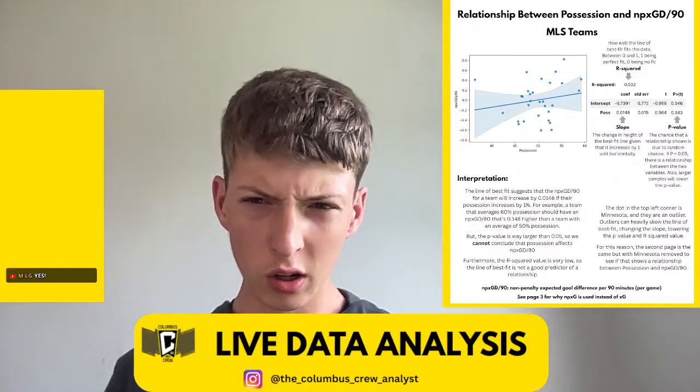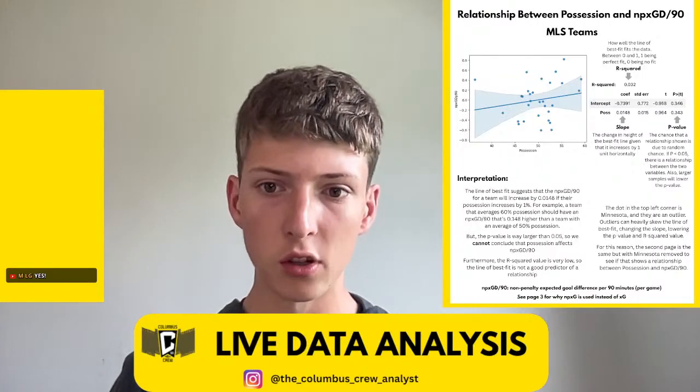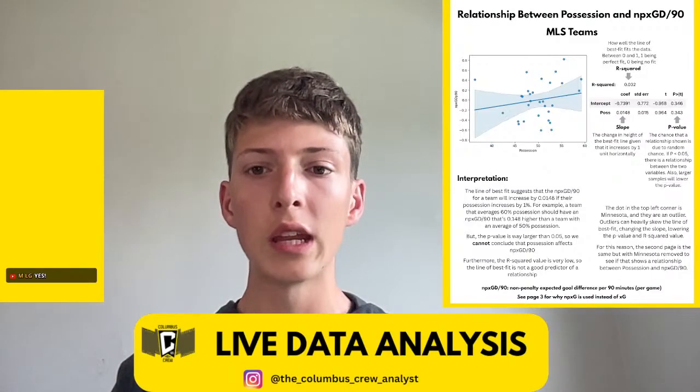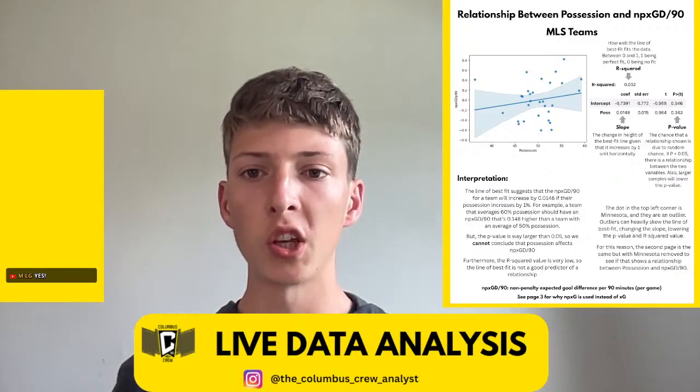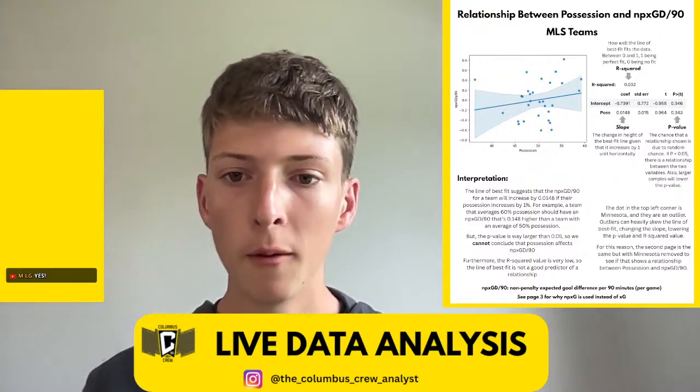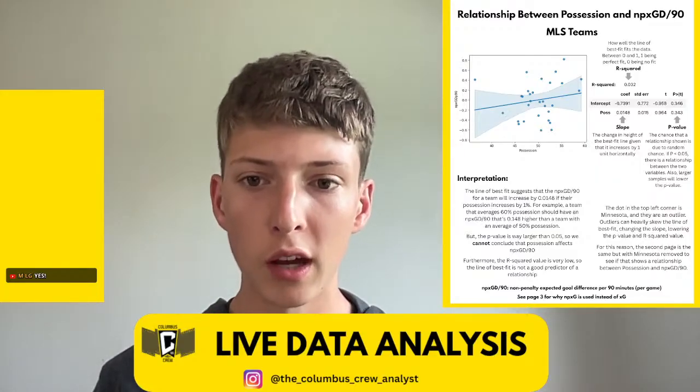So you would have to assume, and you can see in the interpretation here that I have, that we cannot conclude that there's a relationship between possession and non-penalty xG per 90. And also the slope, I'll just mention this.